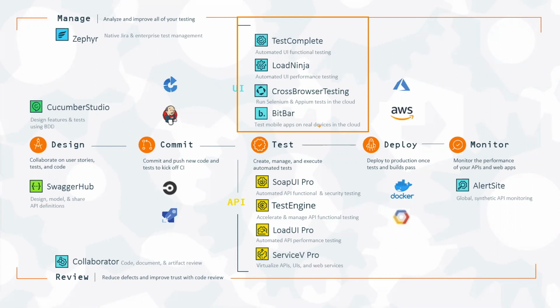So Test Complete is for all your applications, your desktop applications, your different UIs and browser applications to record different operations, so we can later have those tests triggered, or you can import your Selenium scripts. If you want to do some performance testing in your UI.